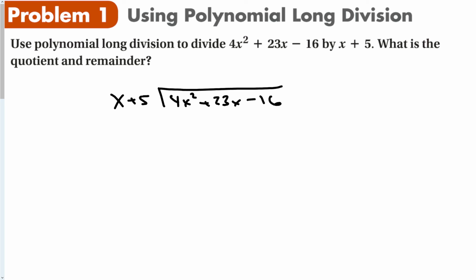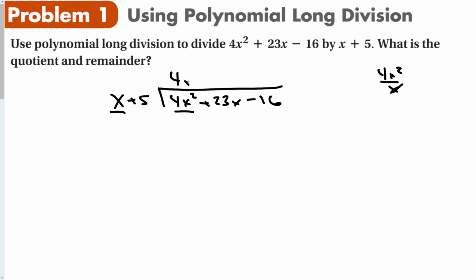That means biggest exponent to smallest. You are going to use the lead terms to do the division step. So basically we're taking 4x squared divided by x to give me 4x. One of the x's cancels, and we're left with just 4x.